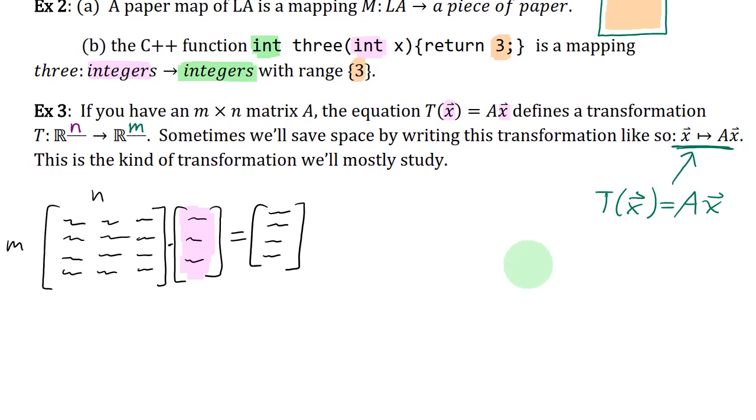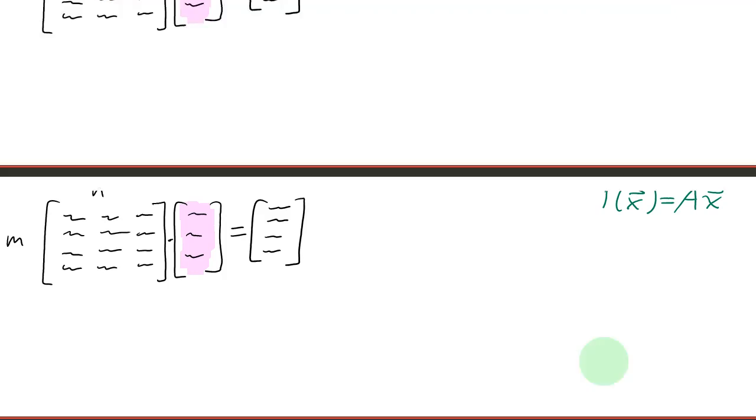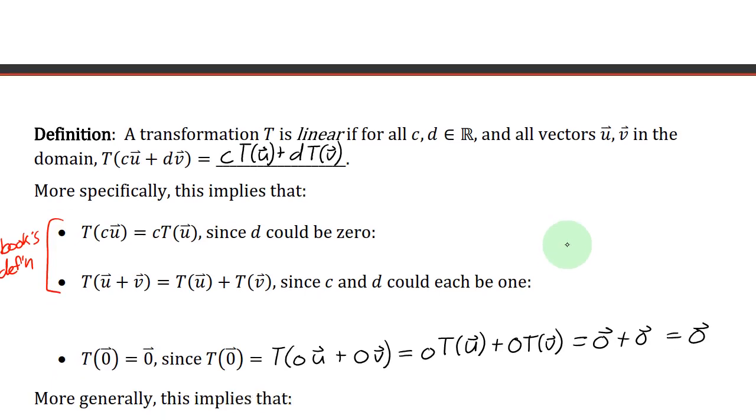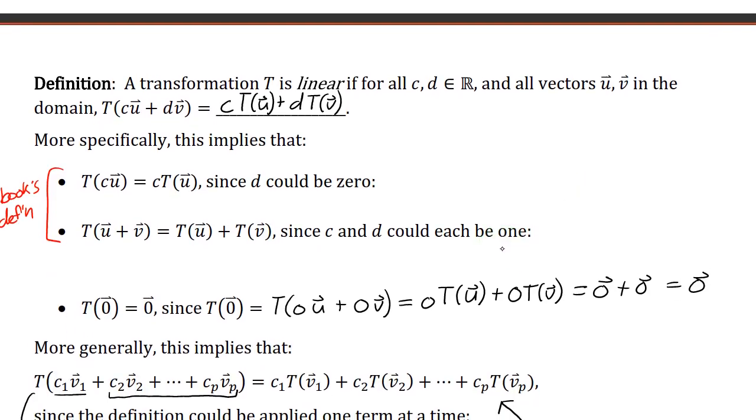And yes, you can define a transformation by T of x equals Ax, and that's the kind of thing we look at mostly in this class. And we defined a linear transformation here. This is my definition here, and the book's definition breaks it up into two separate statements, but they mean the same thing.